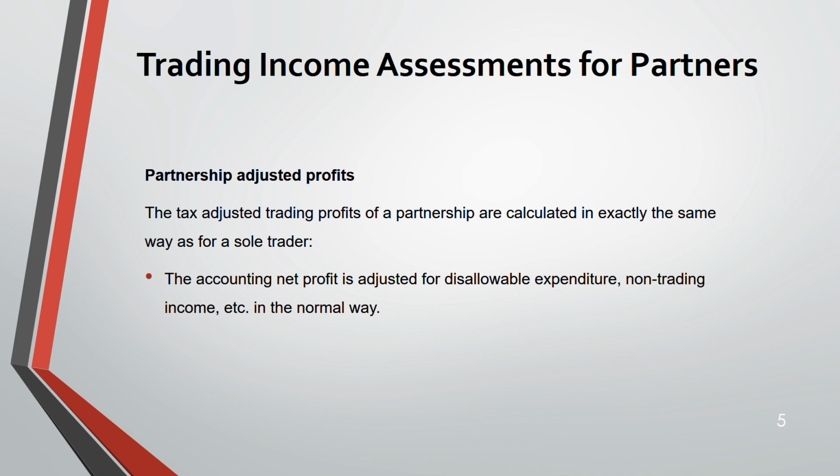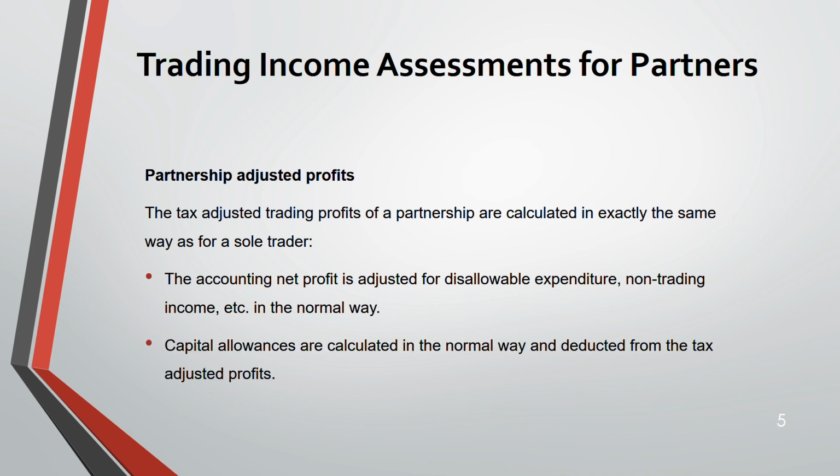I'm not going to repeat it here, but it's just the same, the way you calculate the accounting net profit. Now, even in sole trader we have capital allowances. So here also, each partner will be applicable for capital allowances. It will be calculated in the normal way, starting with the tax written down value, then AIA, FYA. So that capital allowance you will deduct from your tax adjusted profit.